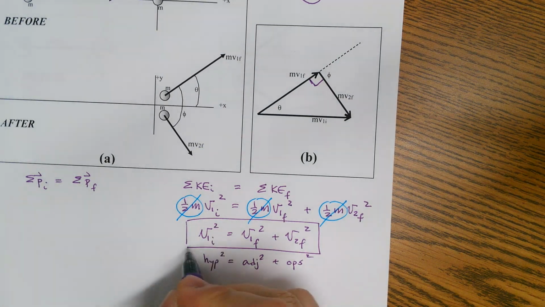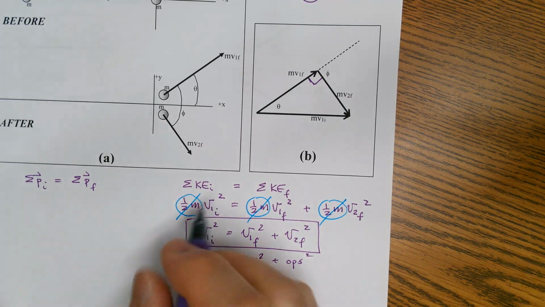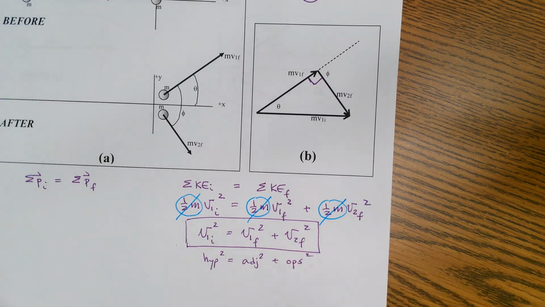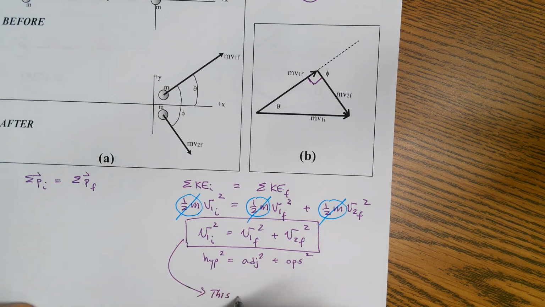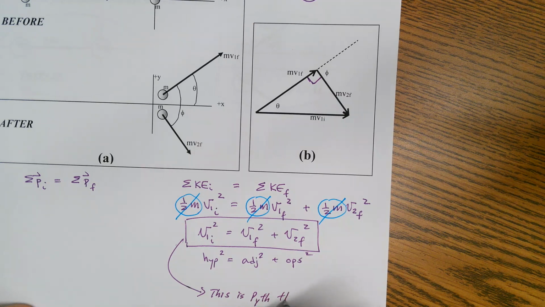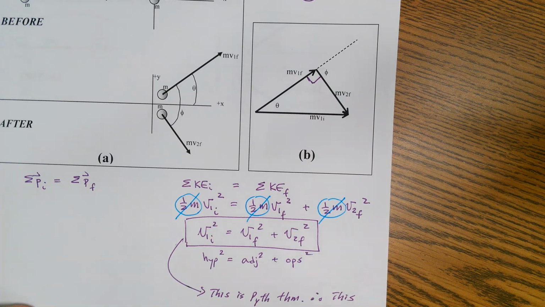Okay, so this proves that this is the Pythagorean theorem, right? Therefore, this only works if the triangle is a right triangle.